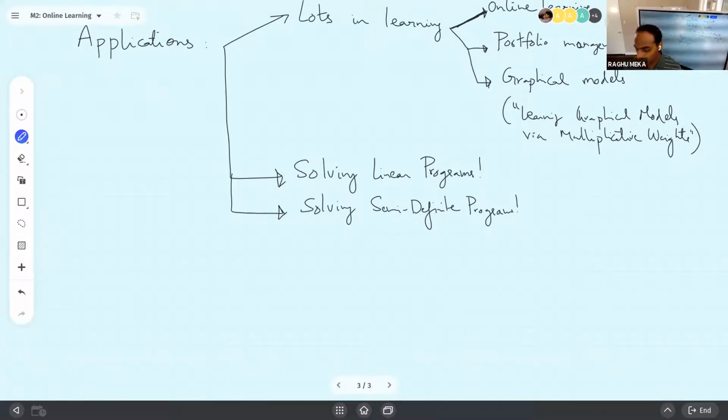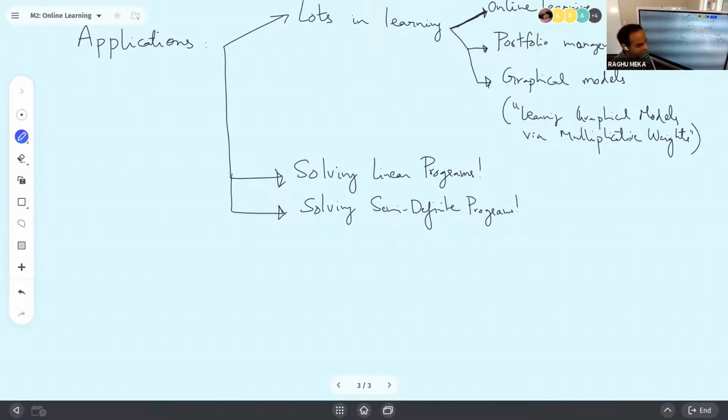Okay. So today I want to talk about one application in optimization and one application in learning. All right. And the main thing to keep in mind of why I think this learning with experts framework and multiplicative weights in particular is so useful is that it's a very convenient tool, technique or formalization to use when you're trying to optimize or figure out probability distributions.